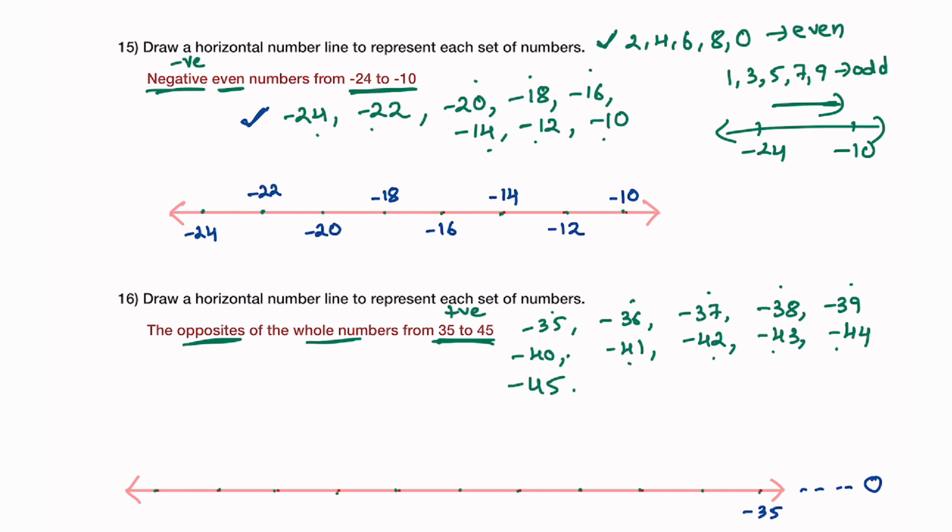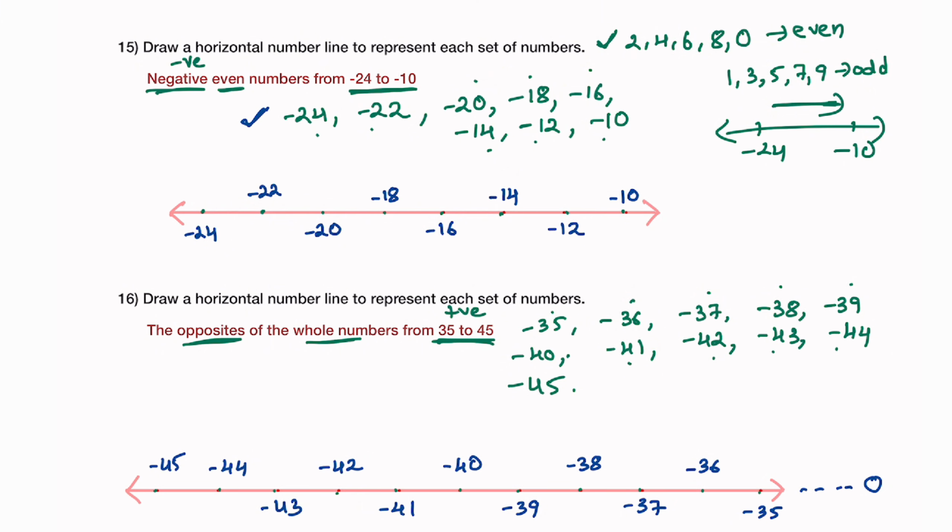Negative numbers work the other way, right? So this is minus 36, minus 37, minus 38, minus 39, minus 40, minus 41, minus 42, minus 43, minus 44, and minus 45. Okay, so this is how you plot them.